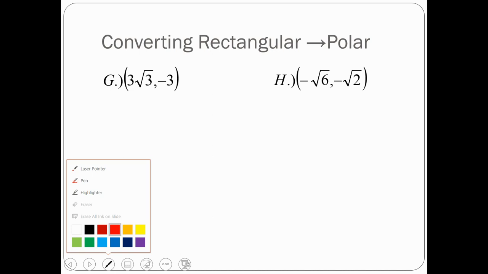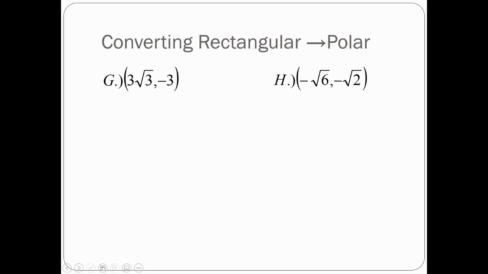I don't know if I have room to write them all up here, but mainly x squared plus y squared equals r squared, and the tangent of theta equals y over x. Like I said, these should be familiar to you from vectors because they're exactly the same formula as vectors. So these are the 2 main ones you're going to use to go from rectangular over to polar.